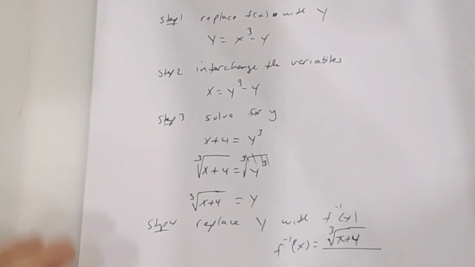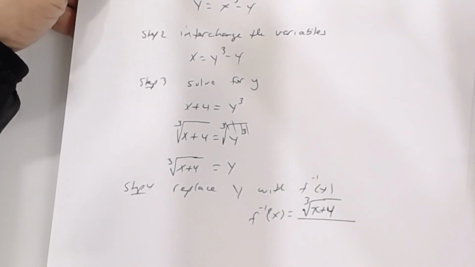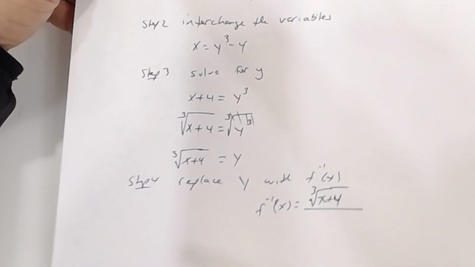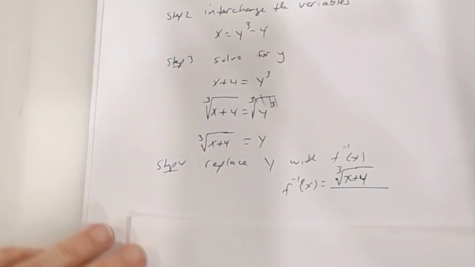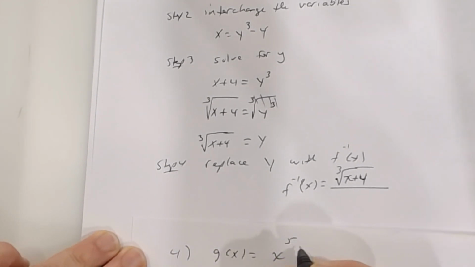All right, so let's do a couple more. So we're going to do this algebraically. So let's suppose in number 4, you had g of x equal x to the 5th plus 2.